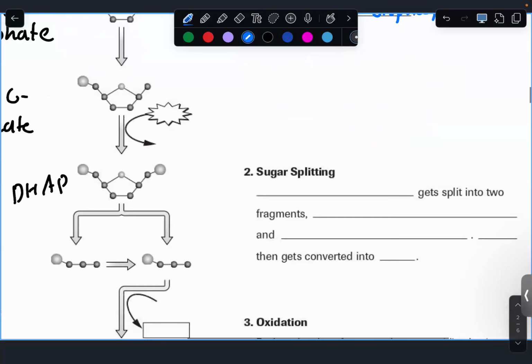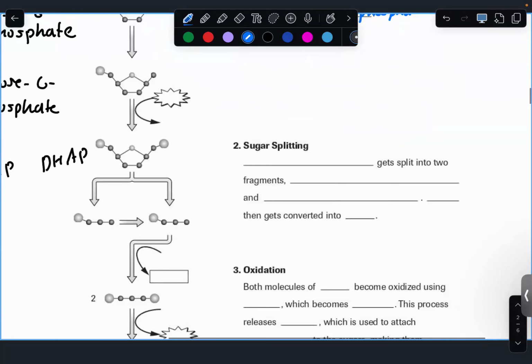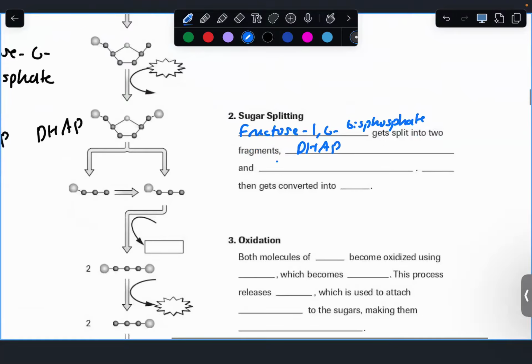All right. And here's the interesting step. So this is where fructose 1,6-bisphosphate gets split into two fragments: dihydroxyacetone phosphate, or DHAP, and glyceraldehyde 3-phosphate, or G3P for short.